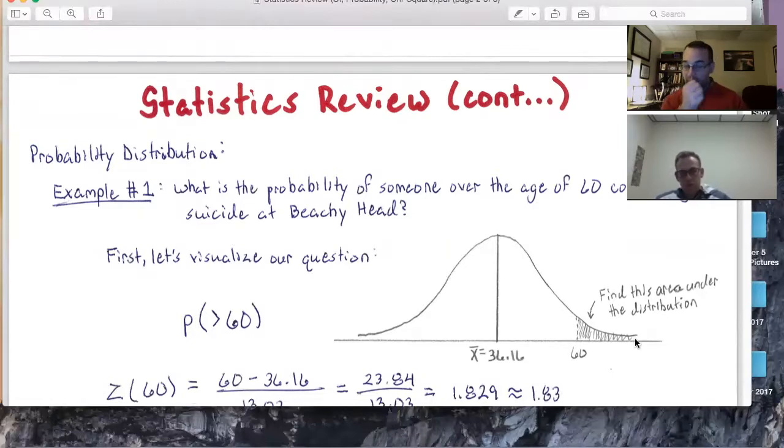Now, one thing that I want to clear up, and I saw a couple students do this on their assignment, they said 61, because technically I did ask for over the age of 60, but theoretically, on this distribution right here, any one single point under this distribution, so just 60, if we were to ask the question, what's the probability of someone the age of 60 committing suicide?